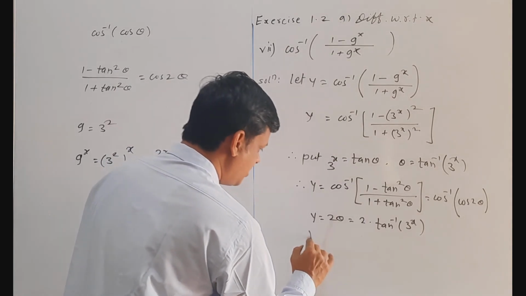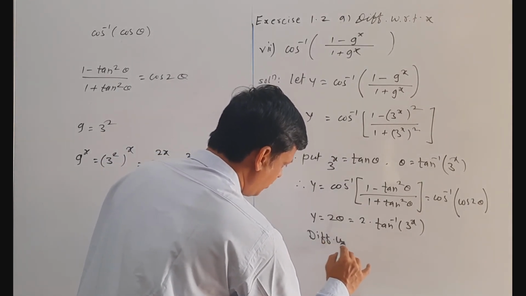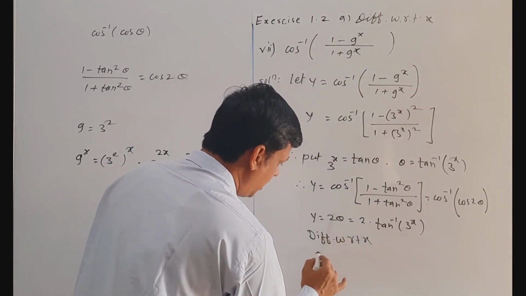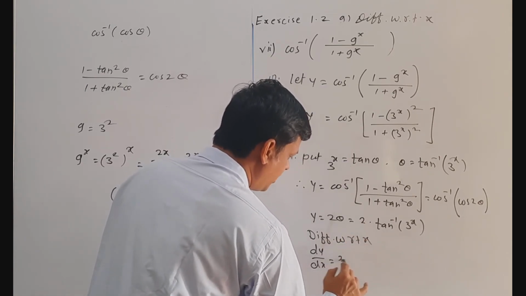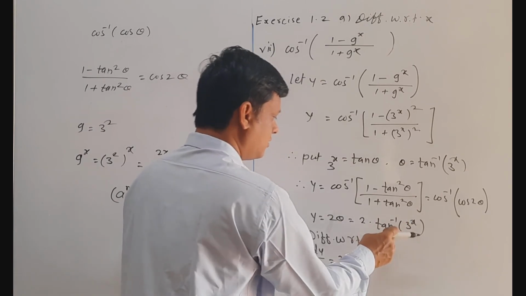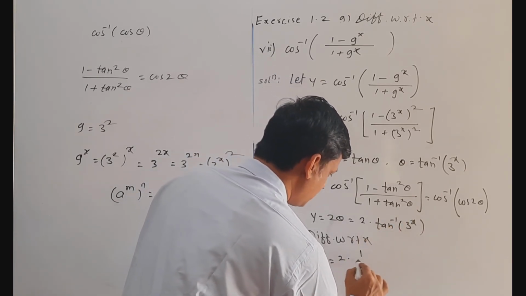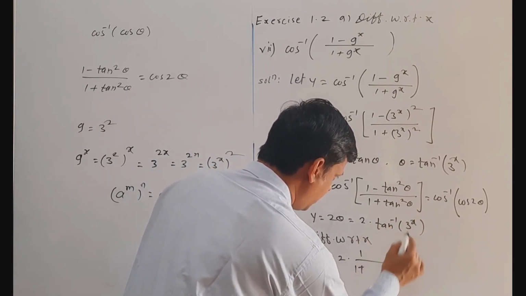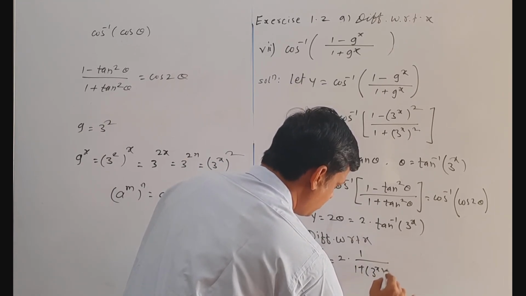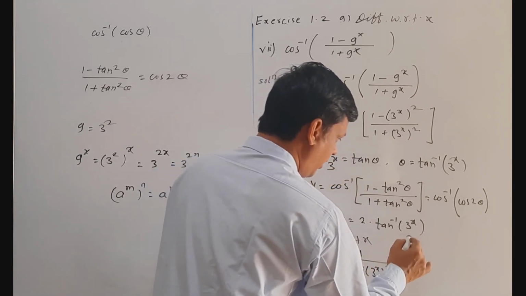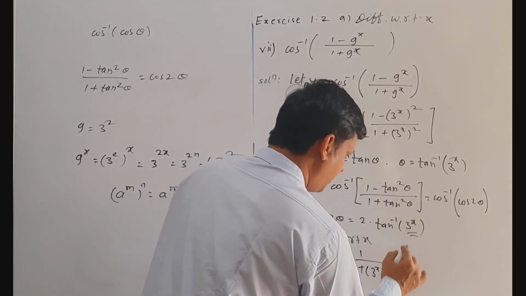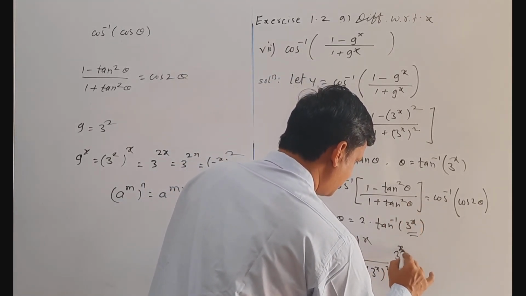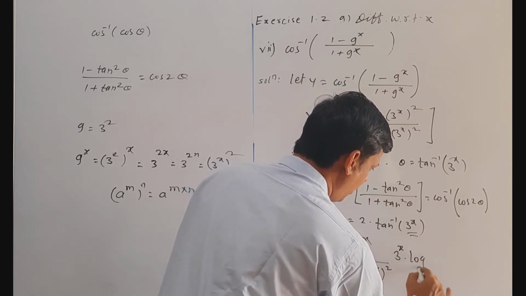Now we differentiate this function with respect to x. Now the derivative of y with respect to x is dy by dx. 2 is a constant which is with tan inverse. So we find the derivative of tan inverse, which is 1 upon 1 plus x square. In place of x we have (3 raised to the power x) its square. Then we have to find the derivative of this 3 raised to the power x, which is an exponential function. So we write the derivative of 3 raised to the power x as 3 raised to the power x into log 3.